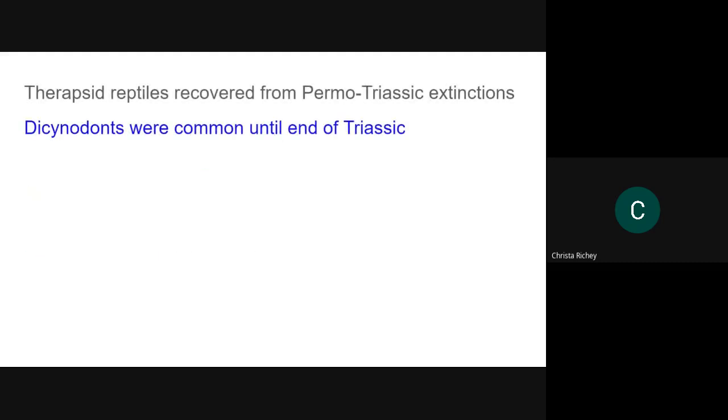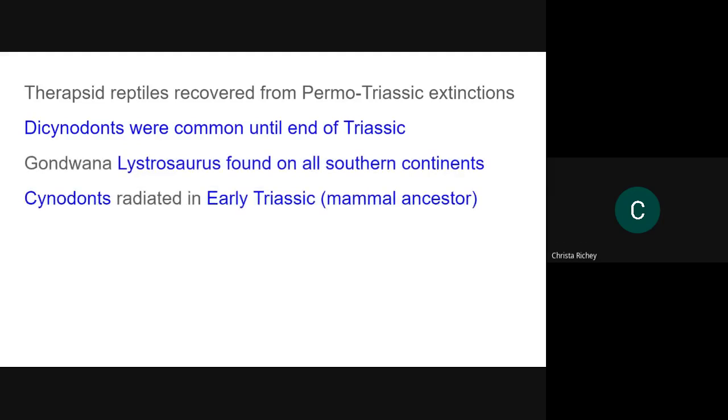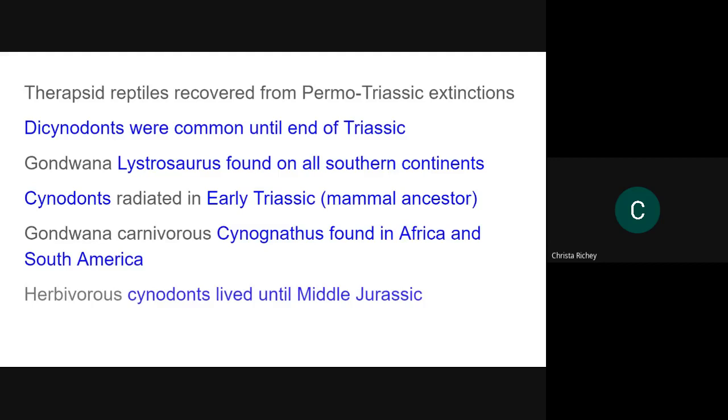So the therapsids, Lystrosaurus is our great granddaddy, grandmommy from 250 million years ago-ish. They did not survive through the entire part of the Mesozoic. They died out. Dinosaurs, which we're actually starting dinosaur evolution tomorrow, became your apex predators.